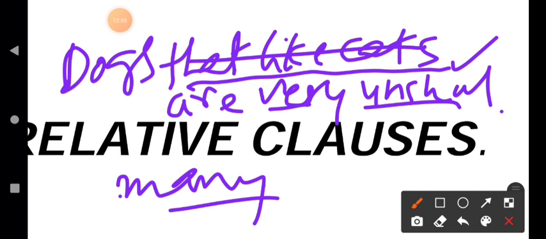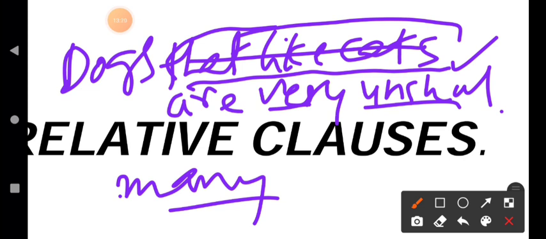But its meaning has changed significantly. What is the meaning? There is no sense. The defining relative clause is essential in this situation. That is more important.